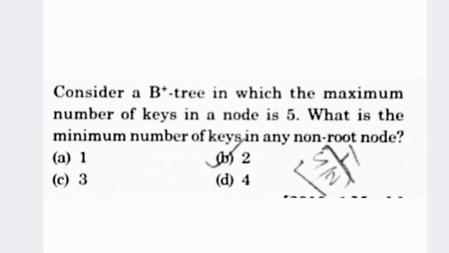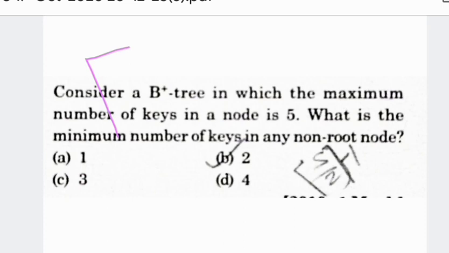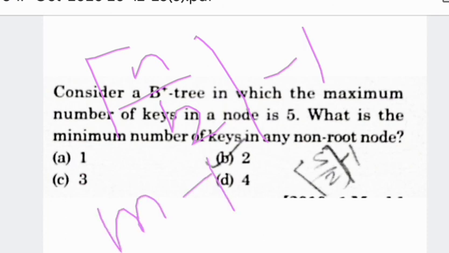Consider a B plus tree in which the maximum number of keys in a node is 5. What is the minimum number of keys in any non-root node? It is a very easy question. We know that in the case of the B plus tree, the minimum number of keys is the ceiling of n by 2 minus 1, and the maximum is n minus 1 or m minus 1.